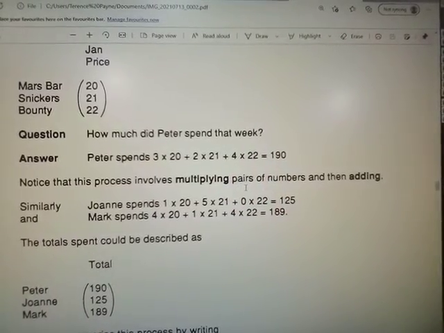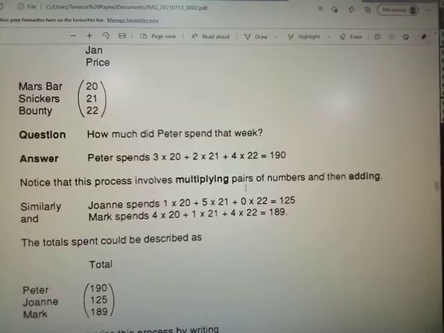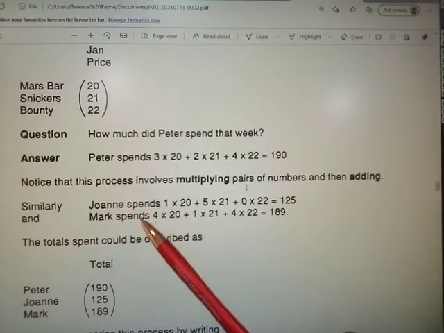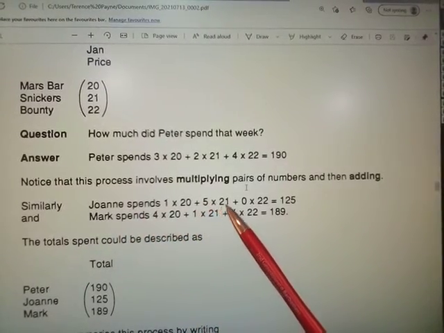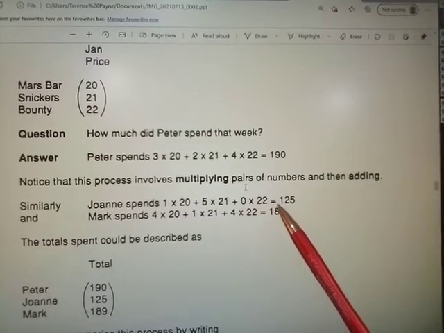Notice that this process involves multiplying pairs of numbers and then adding. Similarly, Joan spends 1 times 20 plus 5 times 21 plus 0 times 22 equals 125.